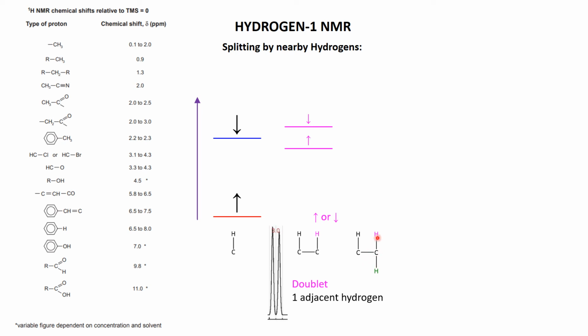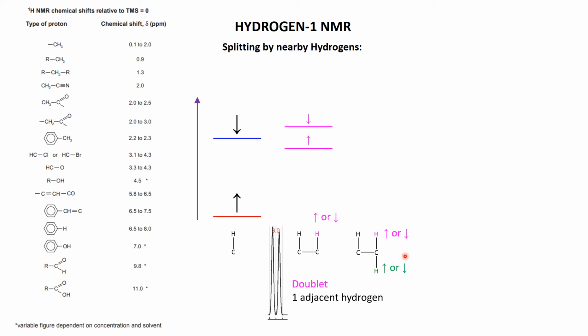Okay, now just as we saw before, the pink here can be with the field or against the field, and the green can be with the field or against the field. So I hope you appreciate that there are now not two possibilities but four possibilities, except of course it doesn't quite work out exactly like that.